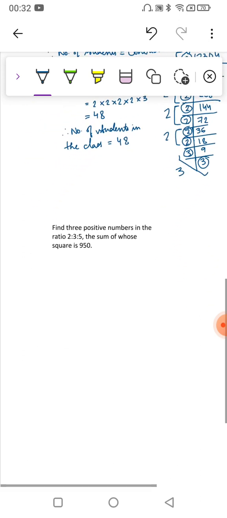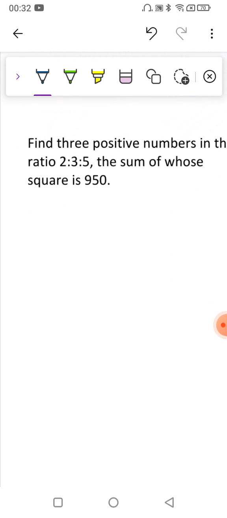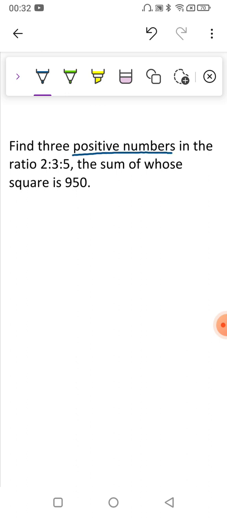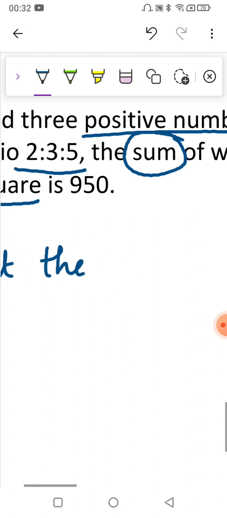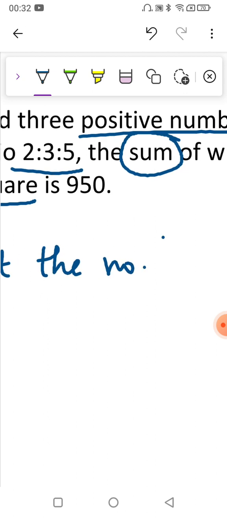We're going to solve another question. See, find three positive numbers in the ratio 2 is to 3 is to 5, sum of whose squares is 950. So first let the numbers be x.